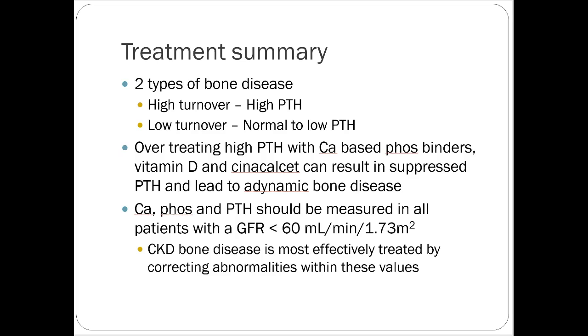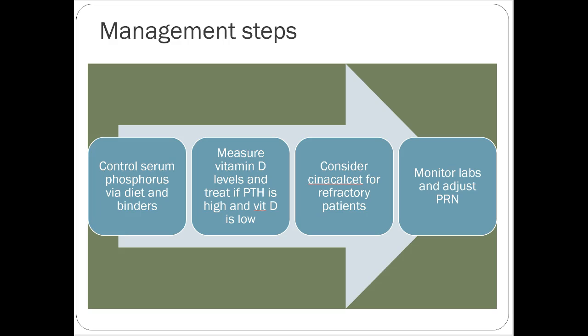Vitamin D and cinacalcet can result in suppressed PTH and lead to adynamic bone disease. Calcium, phosphorus, and PTH should all be measured in all patients with reduced GFR. So as soon as they qualify for any type of CKD, you're going to want to start monitoring these things and treat as needed. Basically, the treatment's fairly straightforward despite a lot of complicated stuff we just talked about.